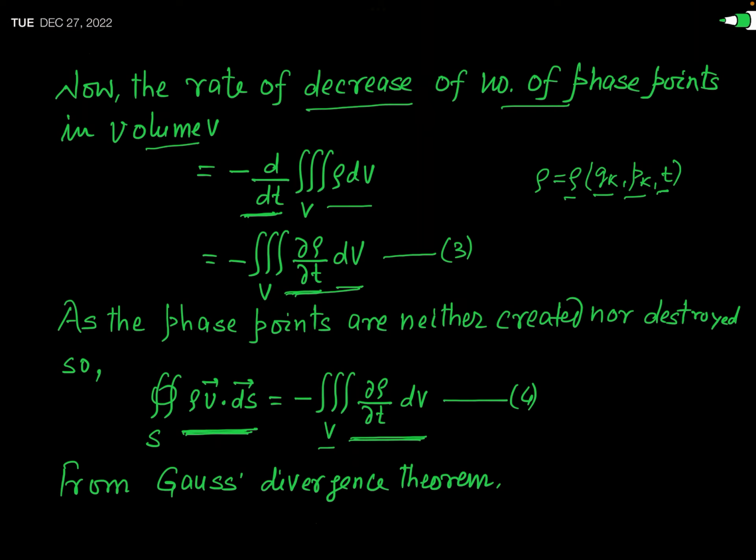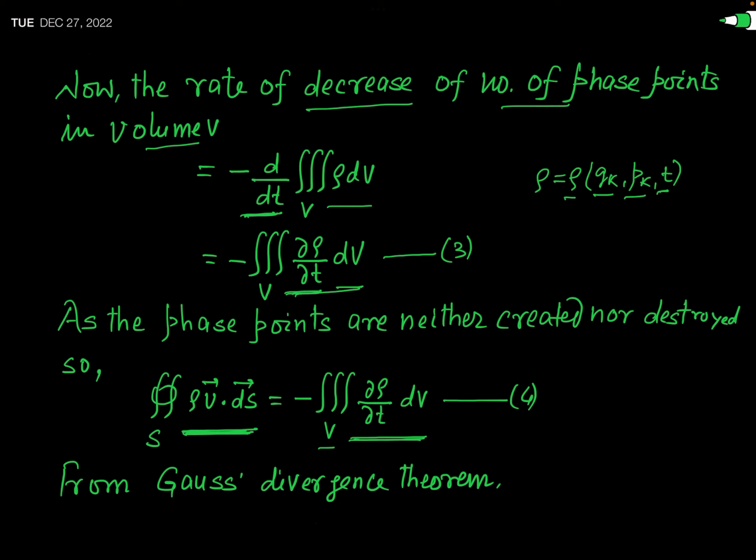But you have studied Gauss's divergence theorem in your course on elementary vector calculus, and you know that Gauss's divergence theorem gives a mathematical tool to convert this normal surface integral into a volume integral. So applying Gauss's divergence theorem, you can change this surface integral on the LHS of equation 4 to its equivalent volume integral. So according to Gauss's divergence theorem, what will this normal surface integral be equal to?